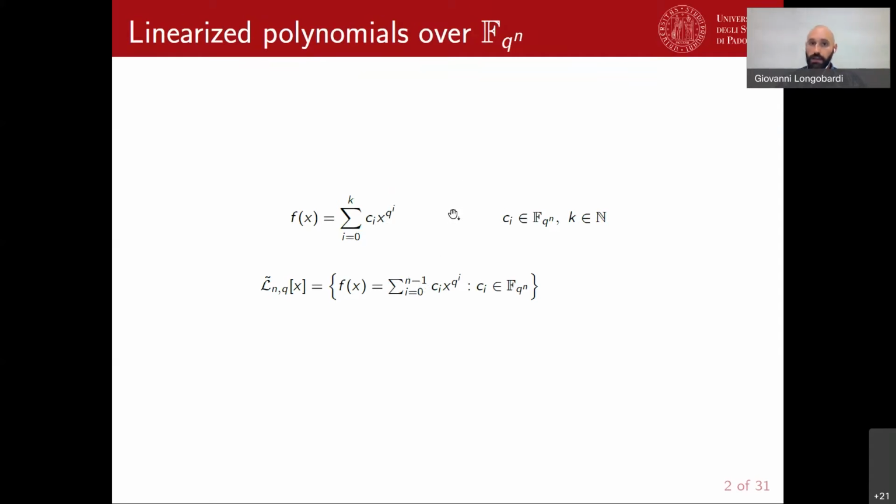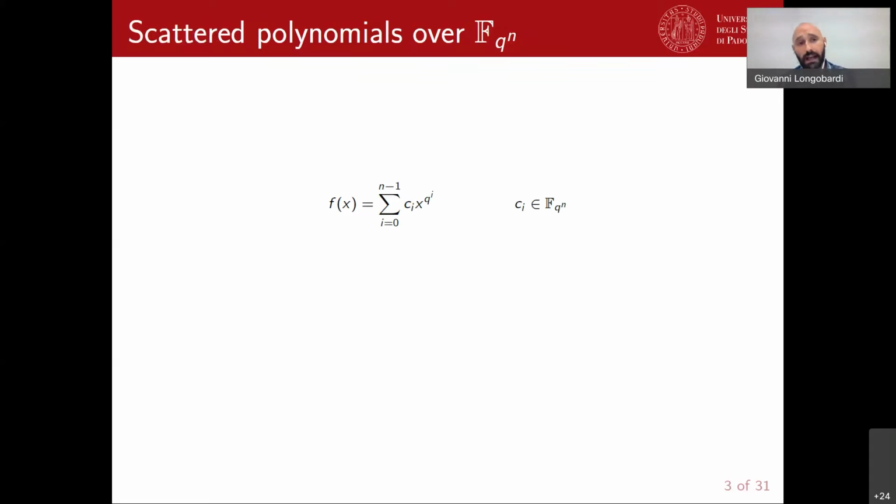Of course, q is a prime power. This set is isomorphic as an algebra to the set of the endomorphisms of F_{q^n} seen as a vector space over F_q, that is, the F_q-linear maps of F_{q^n}.